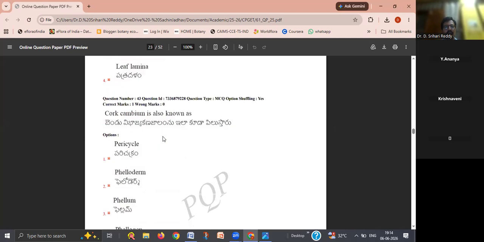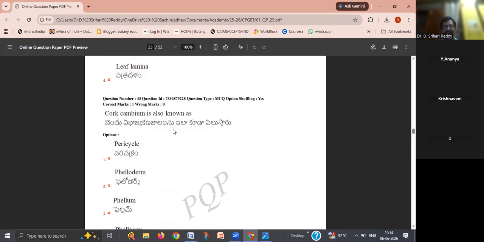And cork cambium. What is cork cambium? It is a secondary meristem. We already discussed meristem based on the origin: primordial meristem, primary meristem, and secondary meristem.